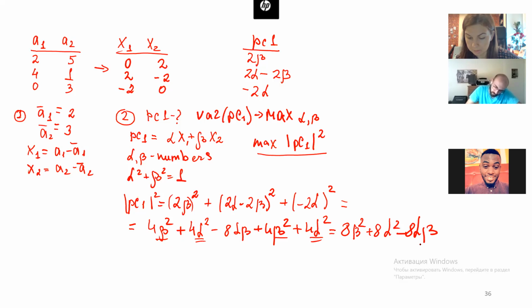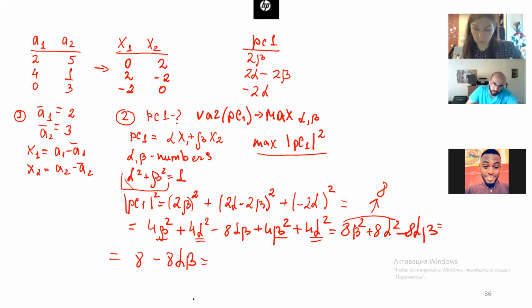Do you remember the limitation that alpha squared plus beta squared is equal to 1? So it will be equal to 8 minus 8 multiplied by alpha beta. Let's divide our second part by 1.